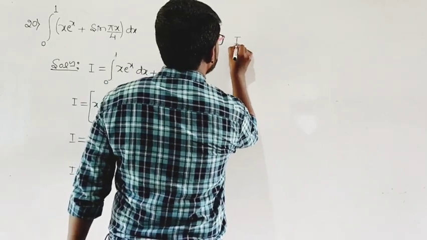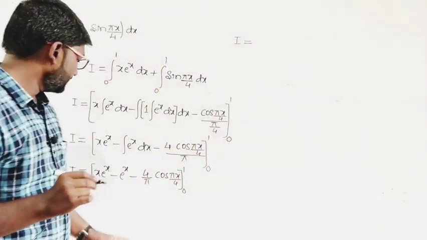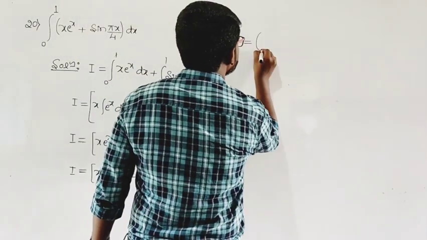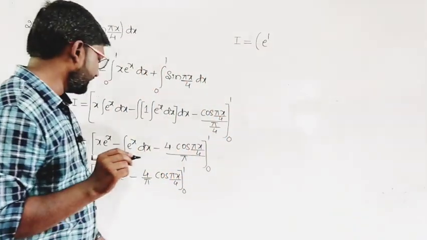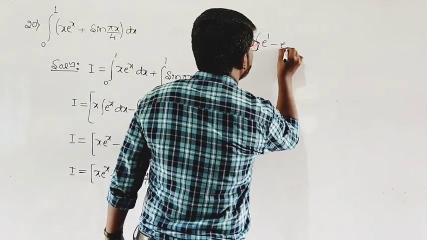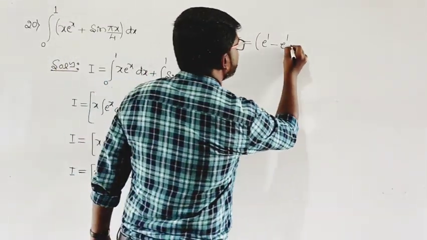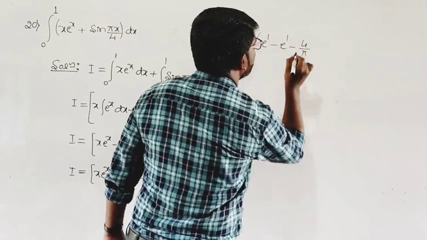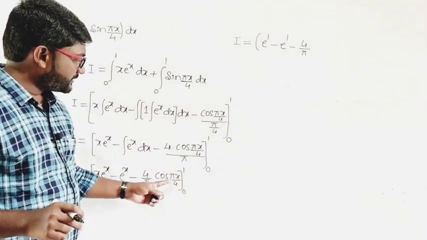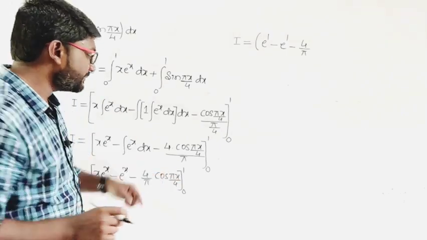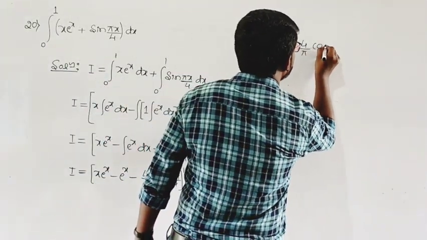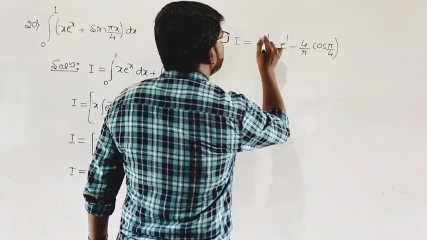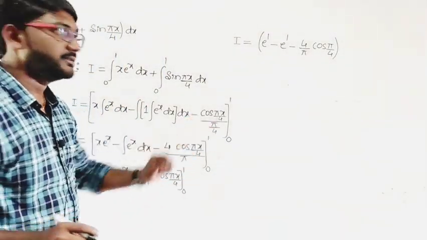I is equal to, so we will go for the upper limit, x into e power x, that is 1 into e raised to 1, it will be e raised to 1, then minus again e power 1, then minus 4 divided by pi, minus 4 by pi, then cos, in place of x I have to write 1, that means we get cos pi by 4, and then minus the lower limit.